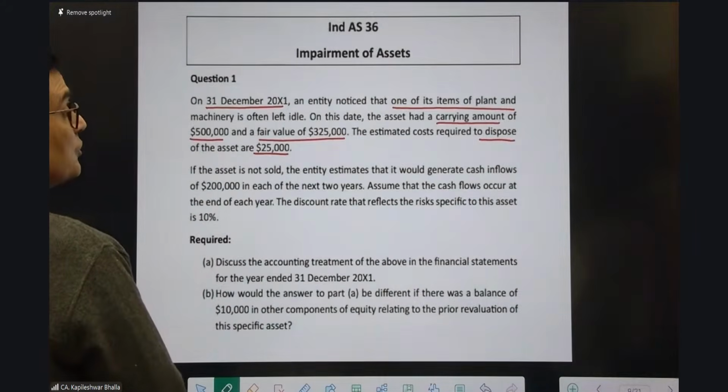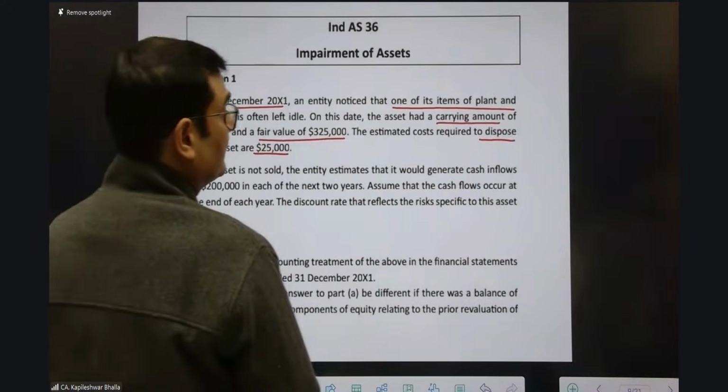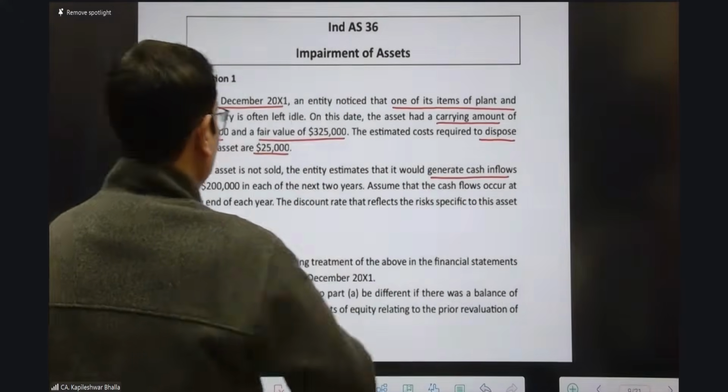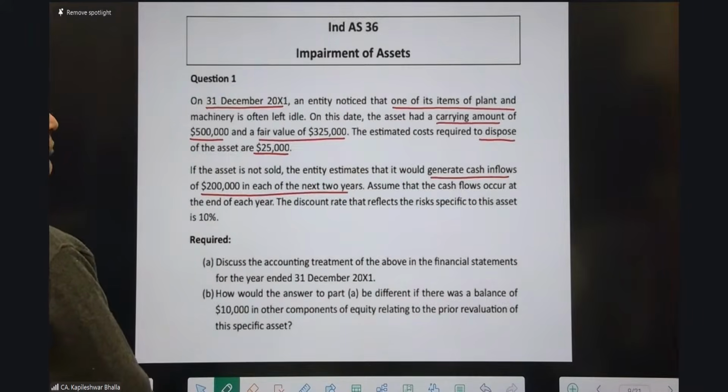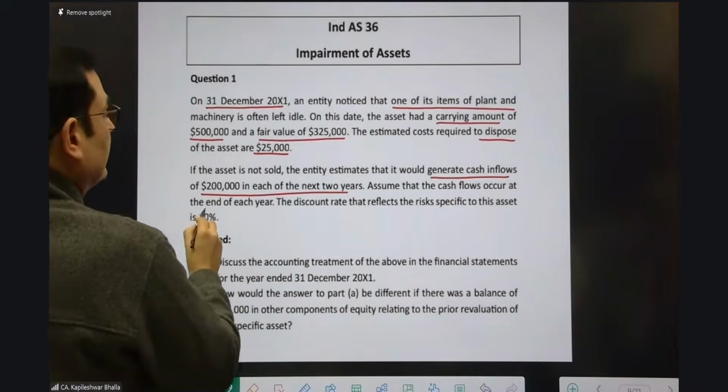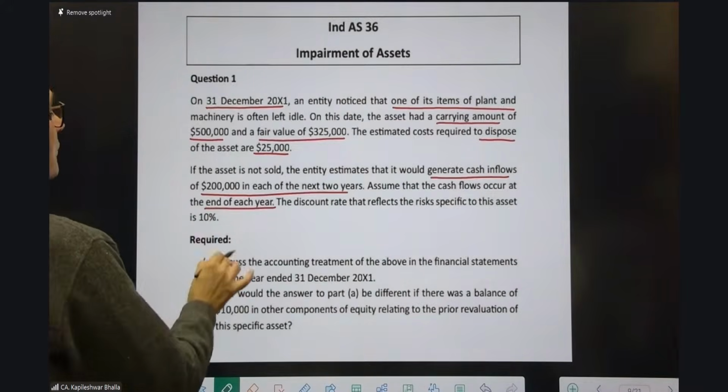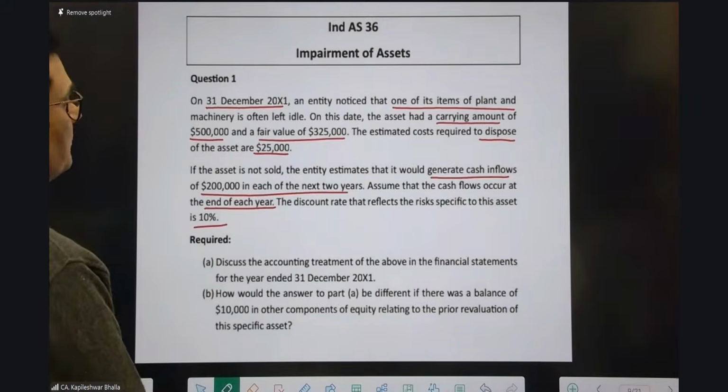If the asset is not sold, the entity estimates it will generate cash inflows of 2 lakhs in each of the next 2 years. Assume that the cash flows occur at the end of each year and the discount rate is 10%. Pretty simple and straight.